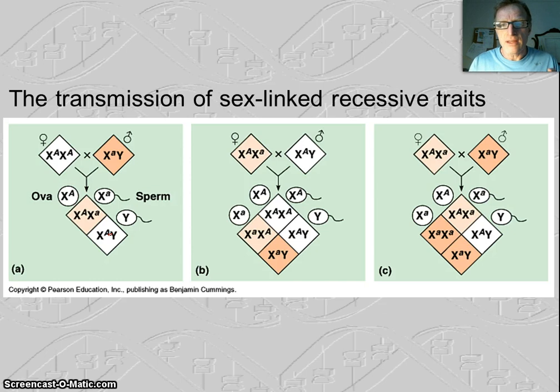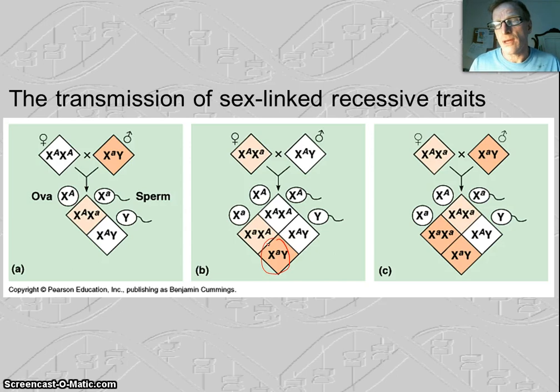However, if you have a female and she's heterozygous, she's going to pass on that recessive white-eyed allele half the time. If you cross her to a male with red eyes, all of the females will have red eyes, but half of the males will show the white-eyed phenotype. So again, we're seeing a difference between males and females.